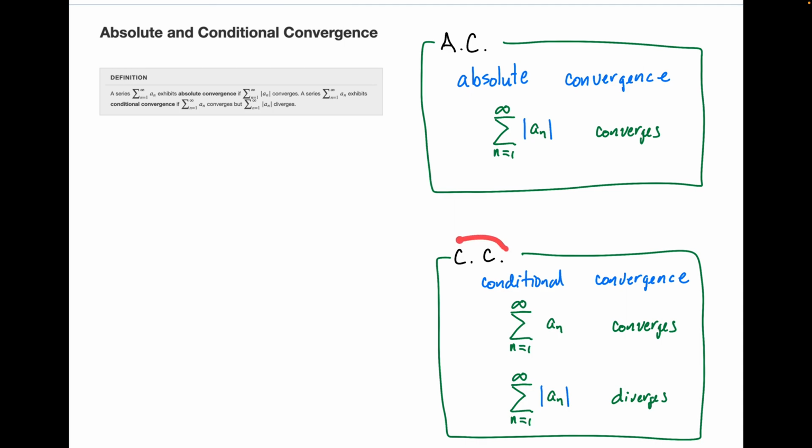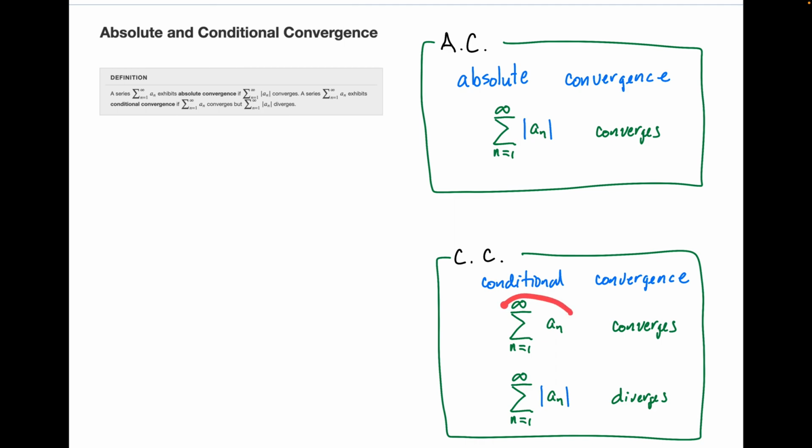How about the definition of CC, conditional convergence? In a series which is conditionally convergent, the series itself does converge, but when you put absolute values on all the terms that you're adding up, you result in a series which diverges.